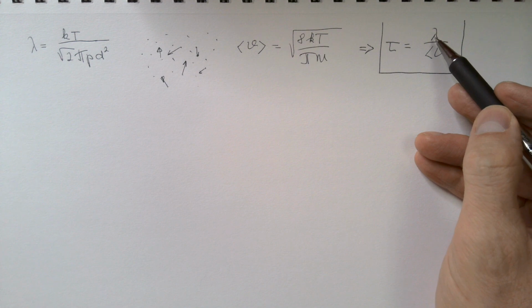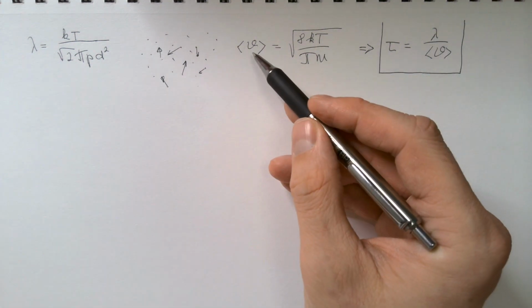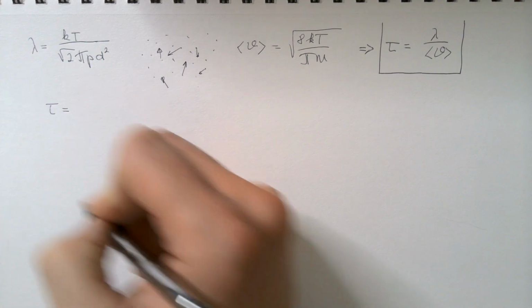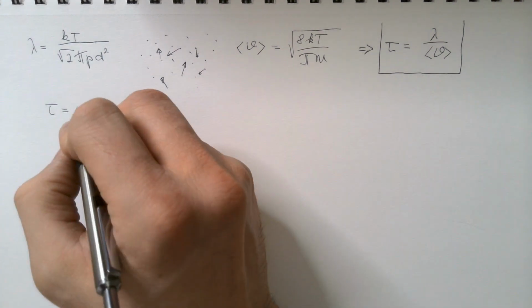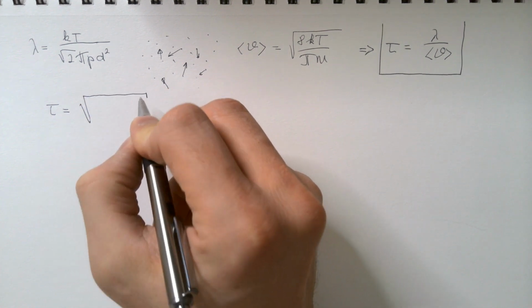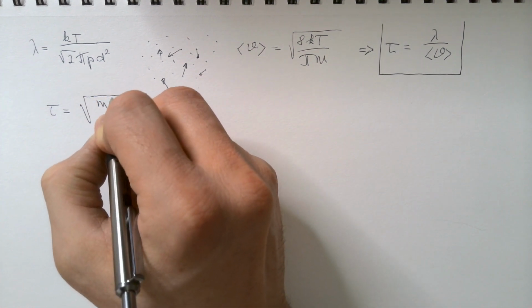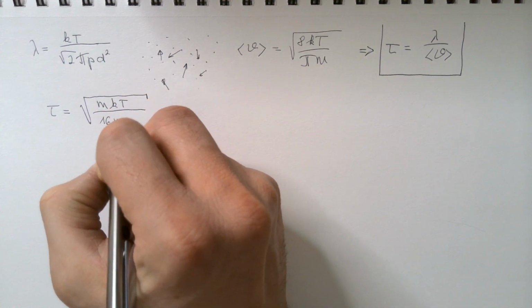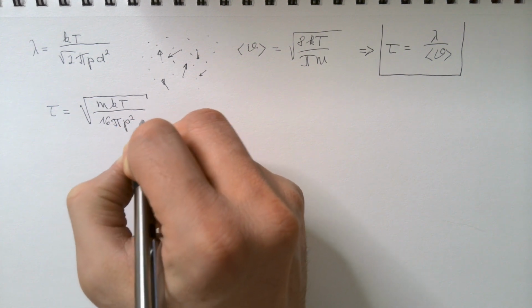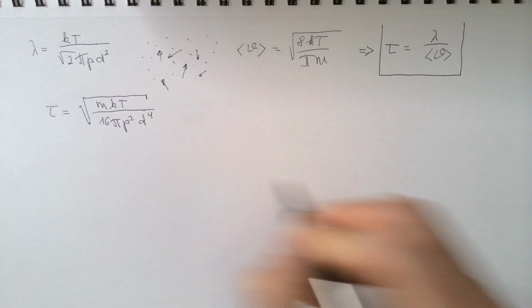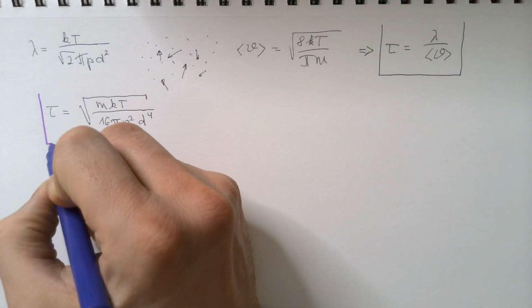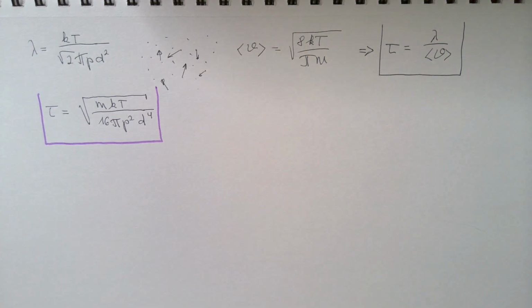Of course, I can now substitute lambda and V average over here, and in that case we get that tau is equal to square root of m k T divided by 16 pi P squared d to the power 4. Let us circle this beautiful result that follows from kinetic theory of gases and ultimately Newton's laws of motion.